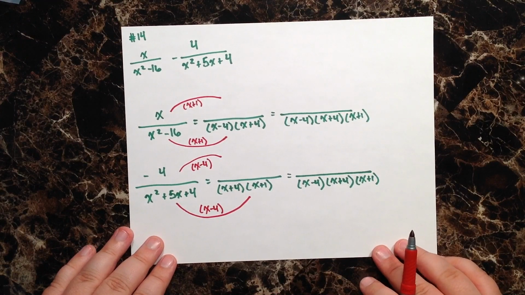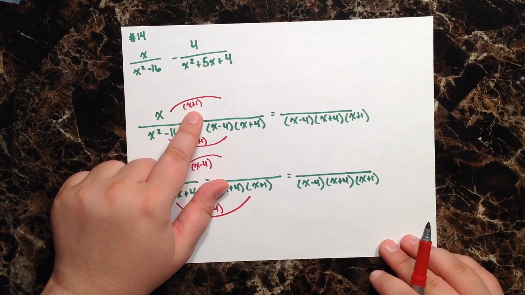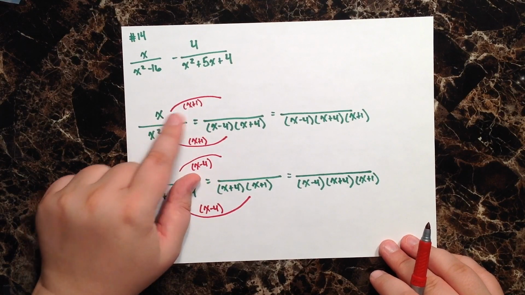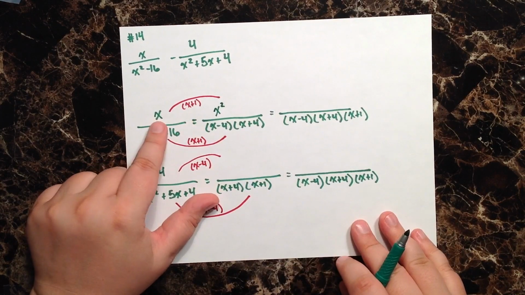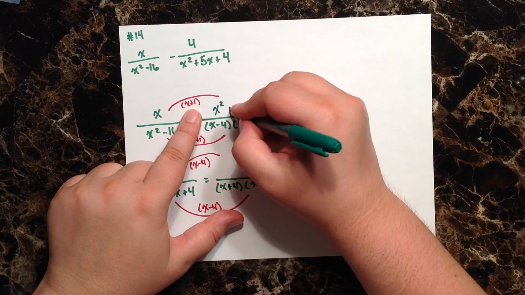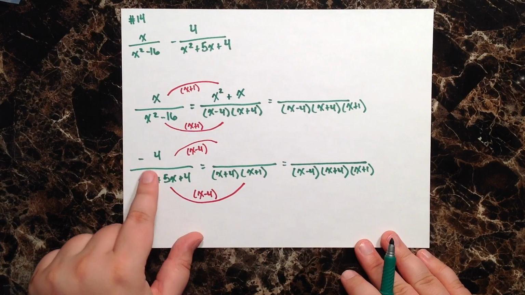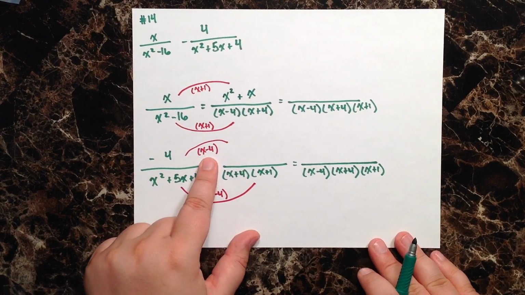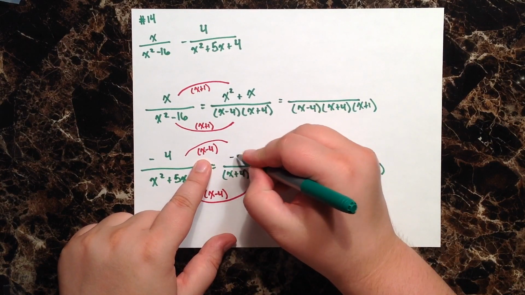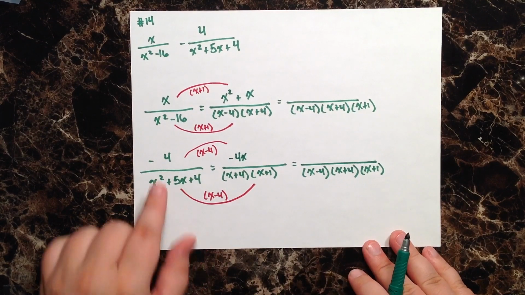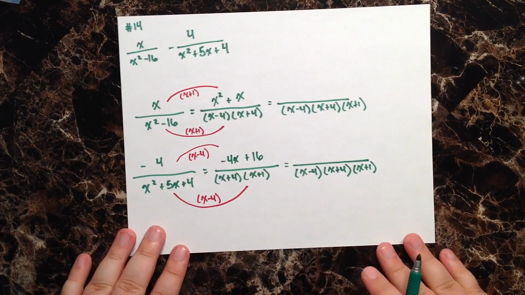Let's do some multiplication here. When I distribute this x to the x plus 1 factor, I get x times x, which is x squared, and x times positive 1, which is a positive x. Then when I distribute this negative 4 to the factor x minus 4, negative 4 times x is negative 4x, and negative 4 times negative 4 is a positive 16.